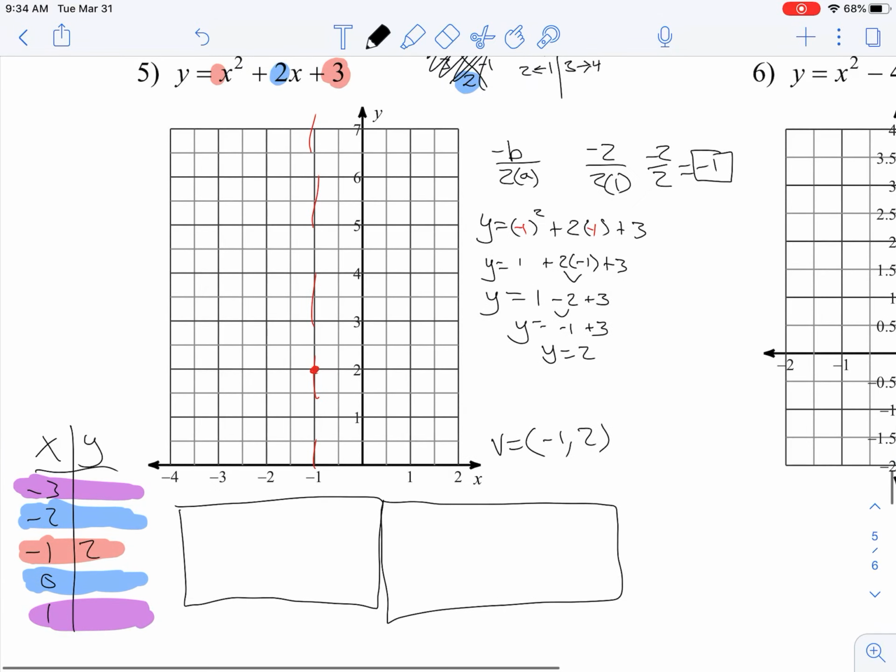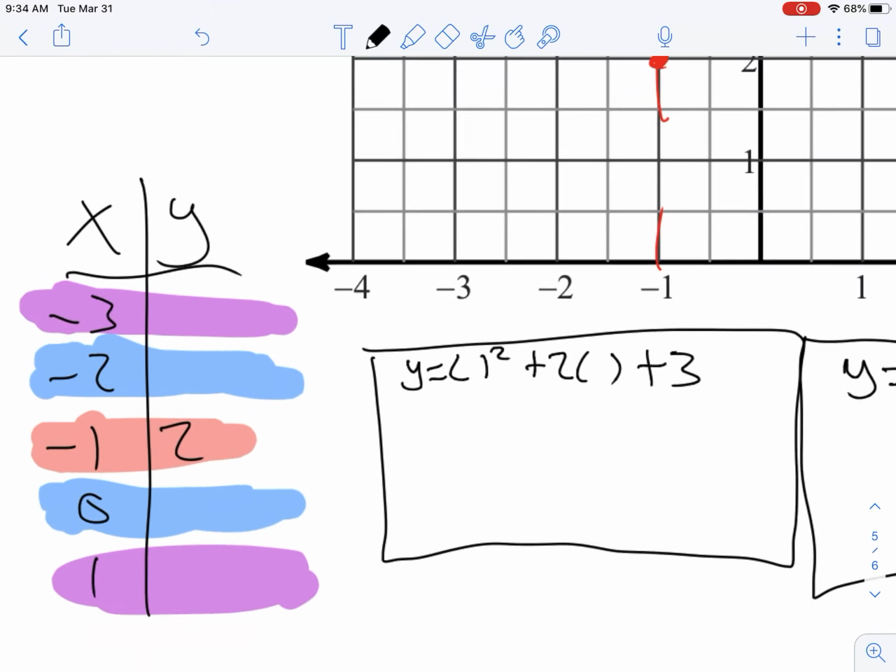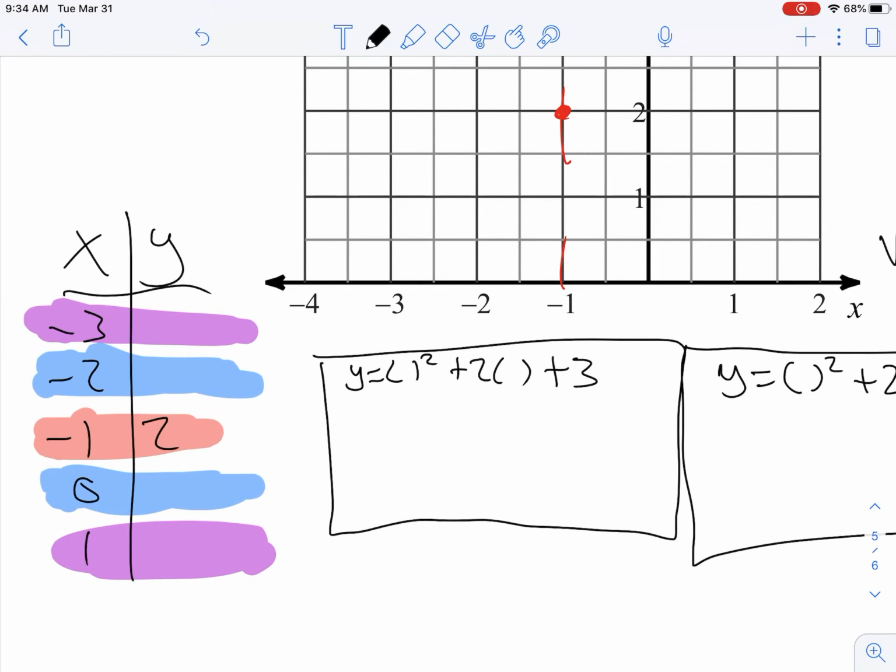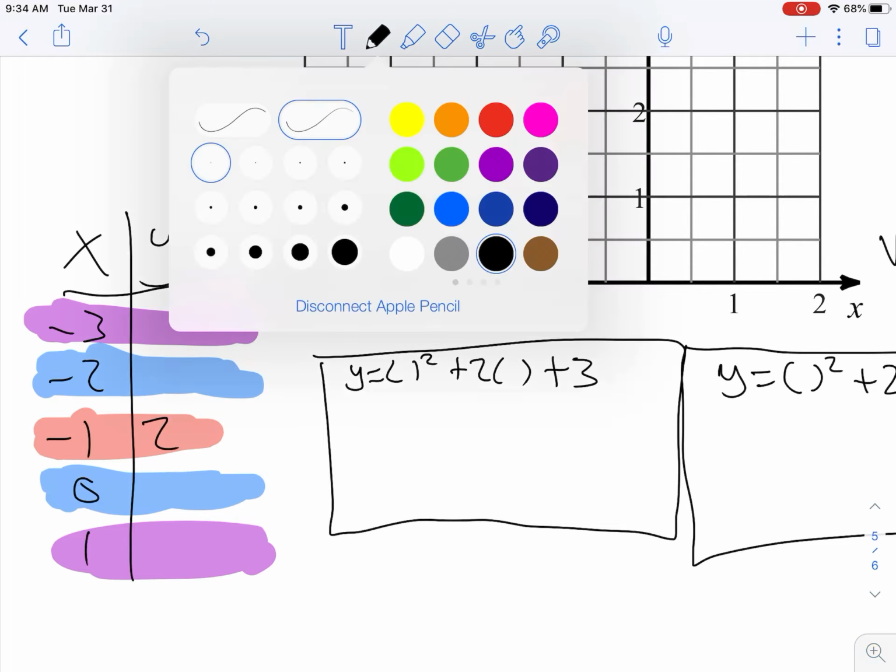So I'm rewriting y equals a number squared plus 2 times a number plus 3. And I'm doing that in both these boxes. In blue, I'm going to go ahead and use this 0.